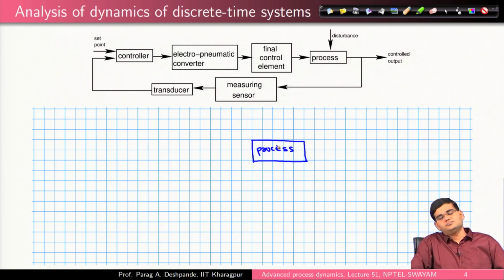Now, if there is no external disturbance which has been provided to the process, will the system be exhibiting any dynamical characteristics? The answer is no, the system would be at equilibrium as per the terminology of state space domain analysis, or the system would be at steady state as per the terminology of transform domain analysis. But we introduce the concept of a forcing function or the input to the system.